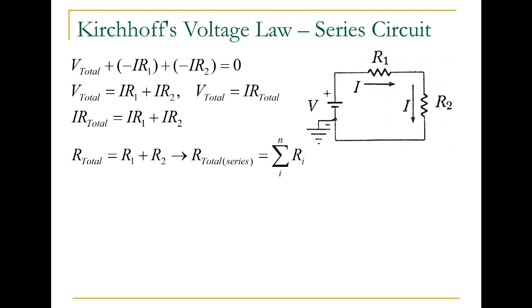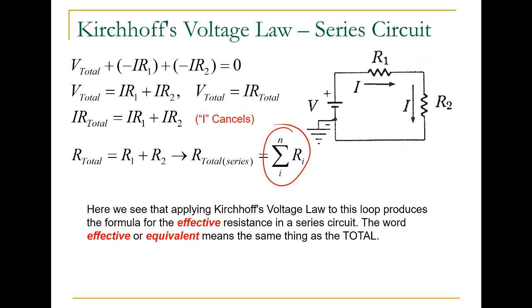So what we're doing here is we're sort of re-deriving our equation for the resistance in a series circuit. That is just the sum of the individual resistances. And notice that that I cancels out. Okay? So this is the effective or equivalent or total resistance. It all means the same thing.